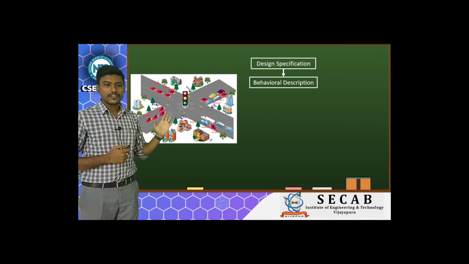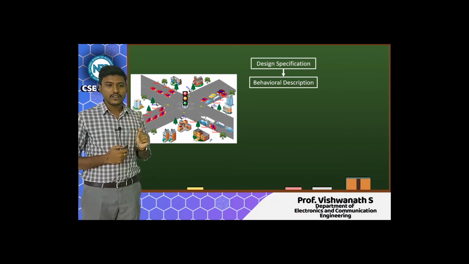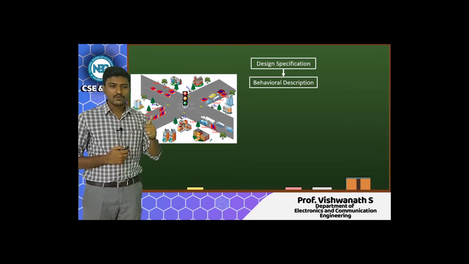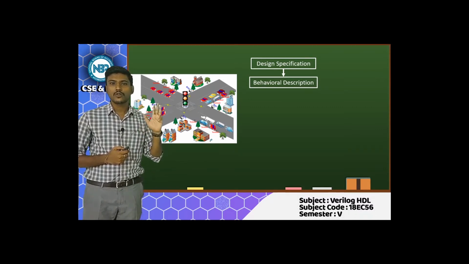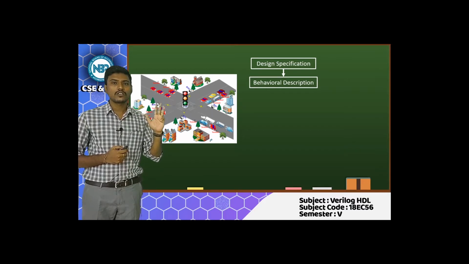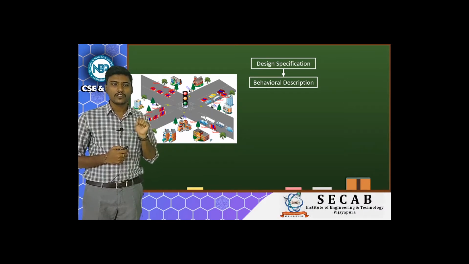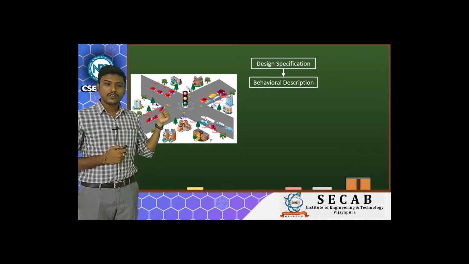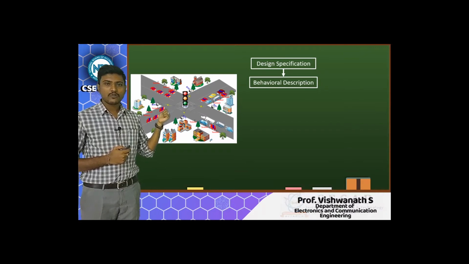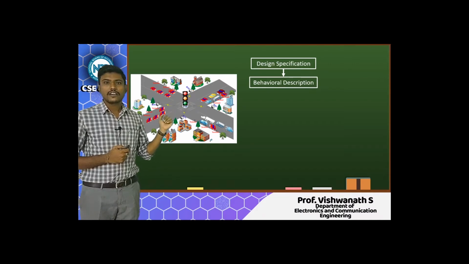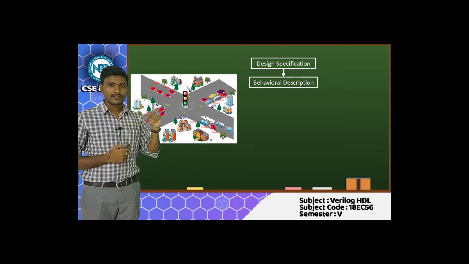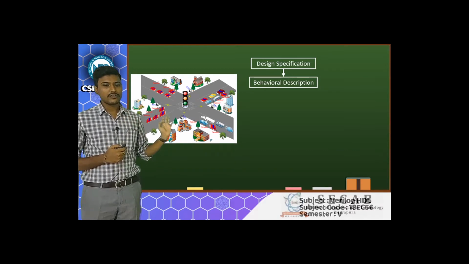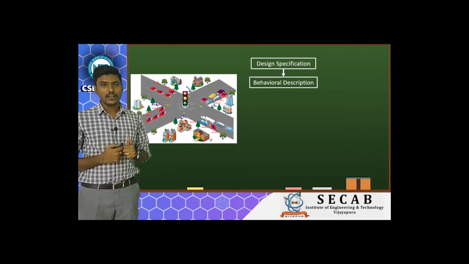That is one of the behaviors: once one road is open, the other 3 roads should be stopped. That means once the green light is on at one road, the red light should be on for the remaining 3 roads. This is one of the scenarios, one of the behaviors of this example.